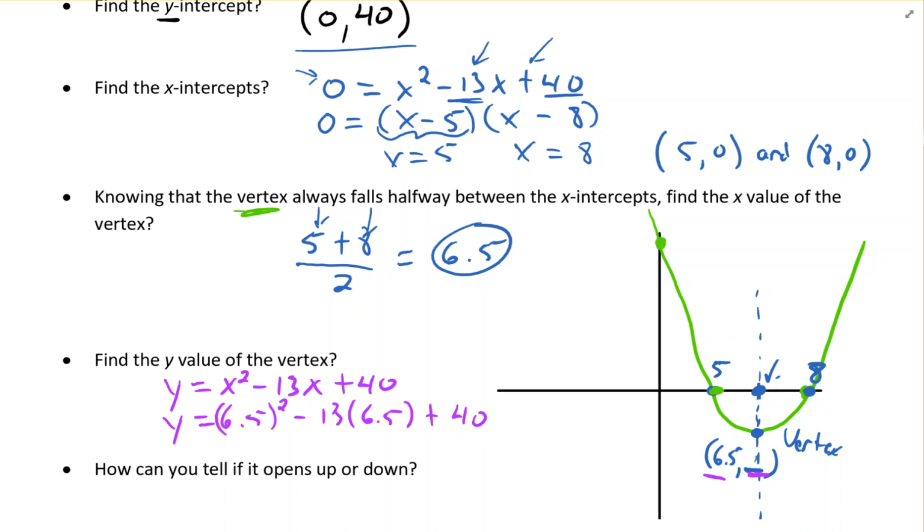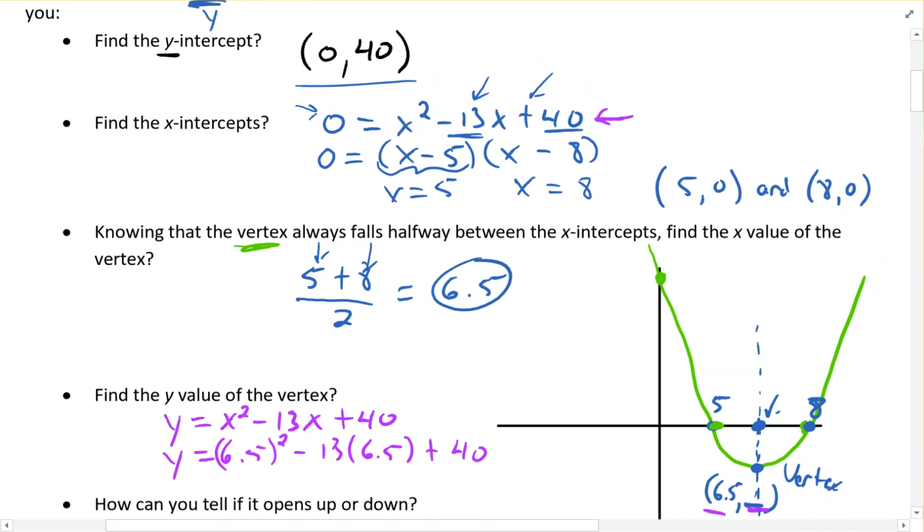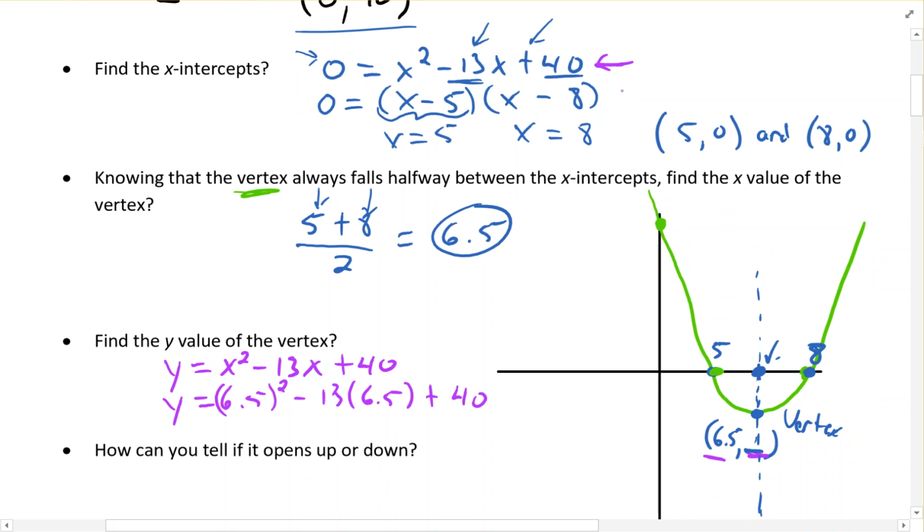Just so you're clear, this is something people kind of forget or don't realize: I put 6.5 back into the original formula. Well, before it said 0 on the one side, but it would have also worked after it was factored, right? That's the exact same expression. I could have done this exact same thing with the factored version and still got the right answer. It might have even been a bit easier to do the calculations, but okay.